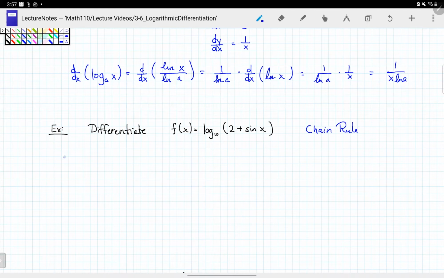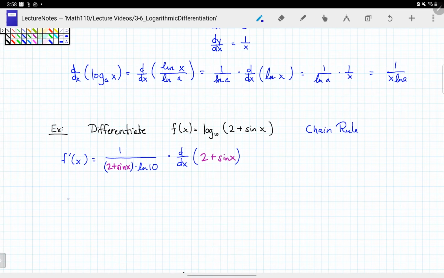So f prime of x is going to be, well, the derivative of log base 10 says I take 1 over the input times the natural log of 10. And then I have to multiply by the derivative of that input. This is the chain rule. Okay? And that input is going to be 2 plus sine x.